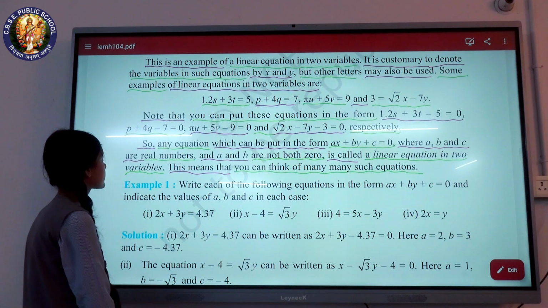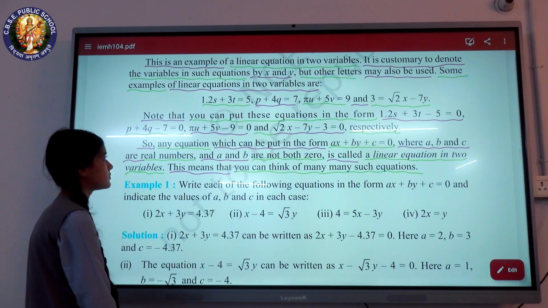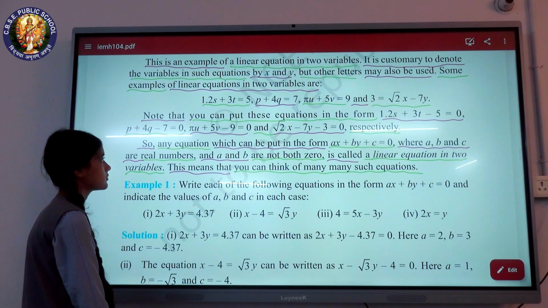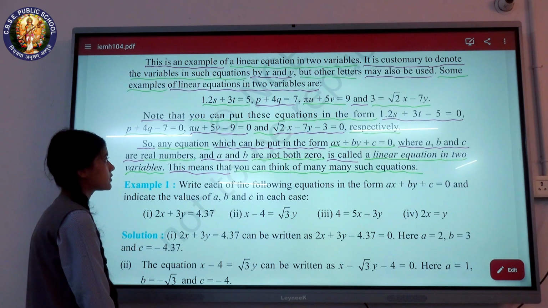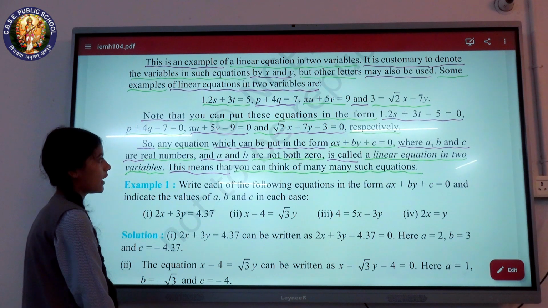Some examples of linear equations in two variables are 1.2s + 3t = 5, p + 4q = 7, πu + 5v = 9, and 3 = √2x - 7y.